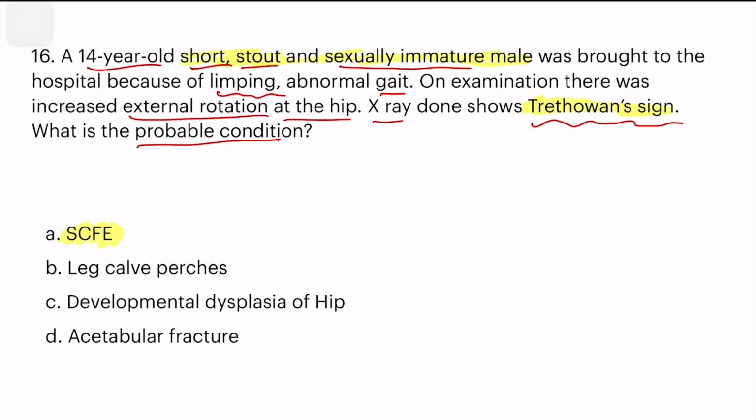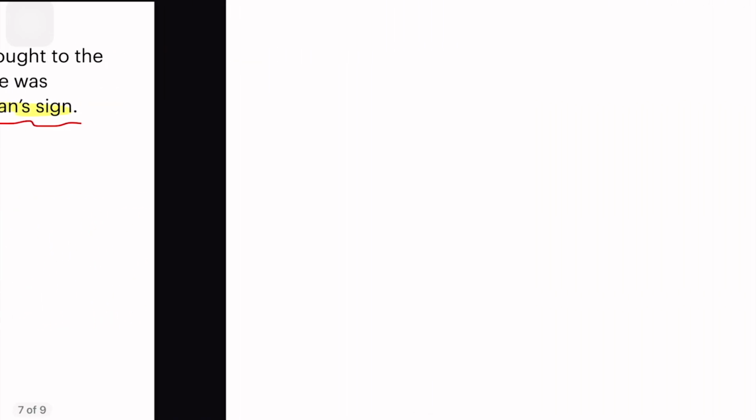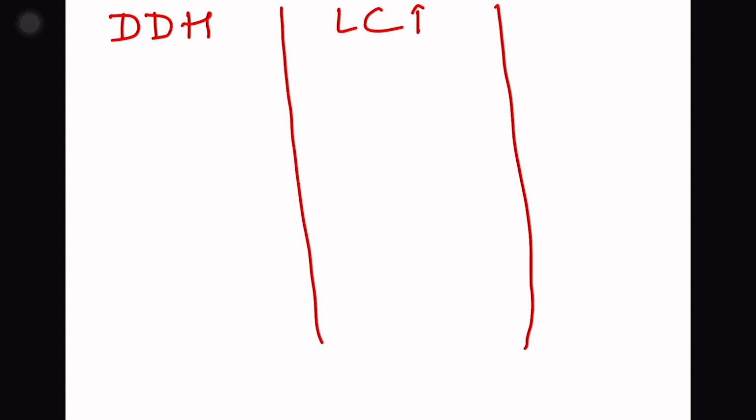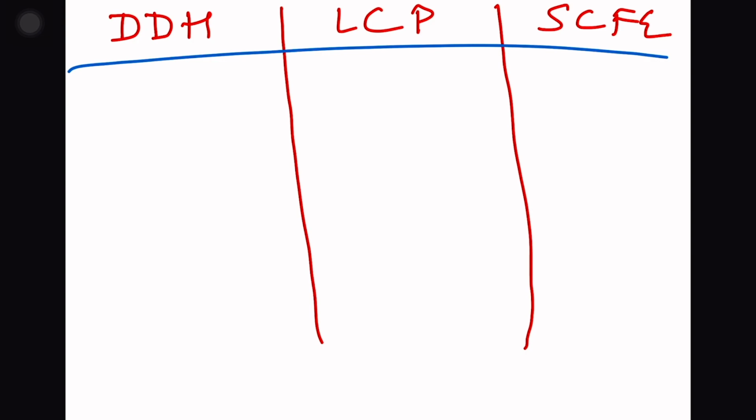So we should know the difference between these three, and it will be very helpful to diagnose these three conditions if it comes in the exam. So first, developmental dysplasia of the hip, then Legg-Calve-Perthes disease, then SCFE. So in DDH, mostly the patient's age will be in months, whereas in Legg-Calve-Perthes it will be around 4 to 9 years, something in that range.